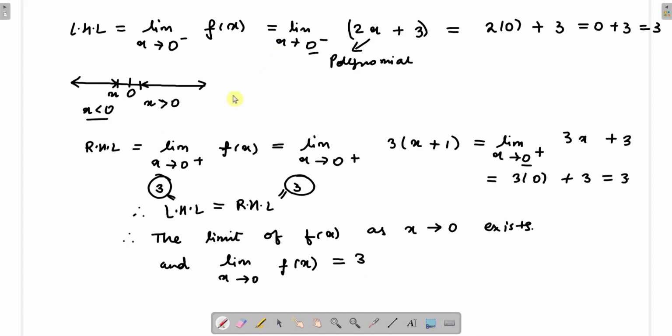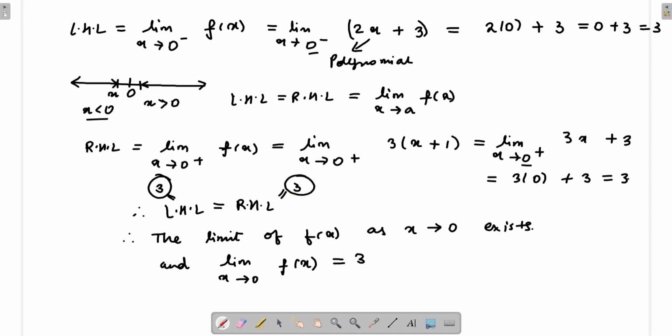Because you know that if the left hand limit and right hand limit are equal, then this limit is equal to the limit x tends to a of f(x), and here in part 1 of the problem a is equal to 0, so we get limit x tends to 0 of f(x) is equal to the left hand limit, equal to the right hand limit, which are nothing but 3.